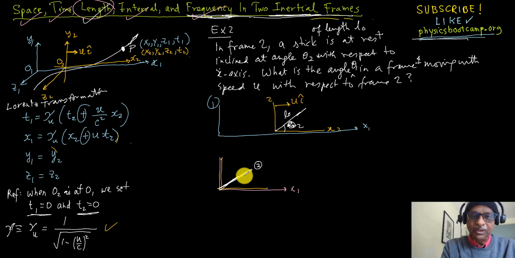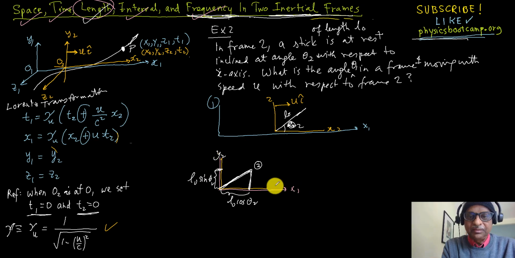And so in frame 2 you can see this is L0 cosine theta 2, and this is L0 sine theta 2, and this is y2 and y1, and this is x2, right?